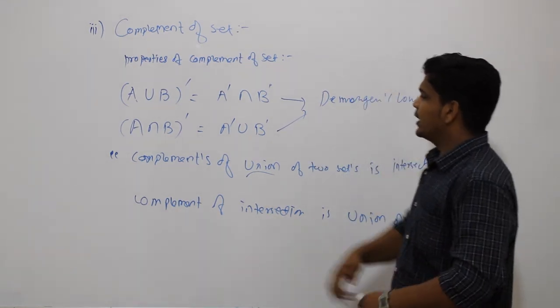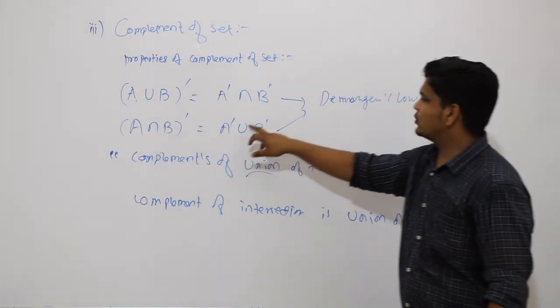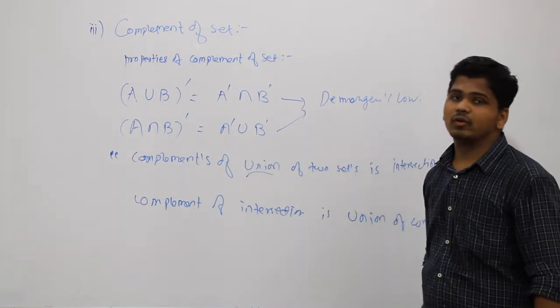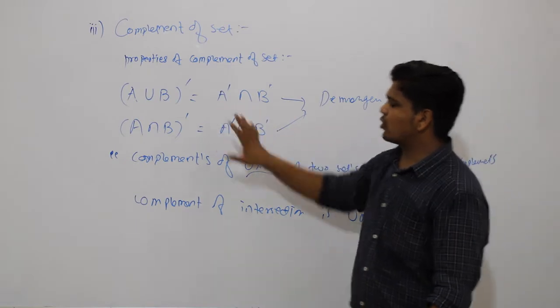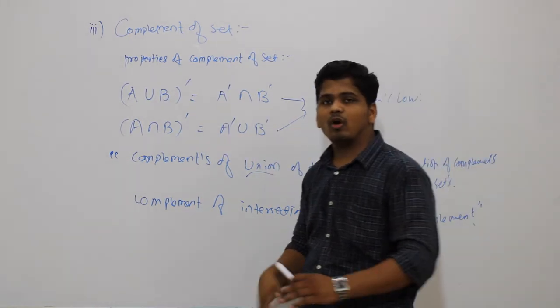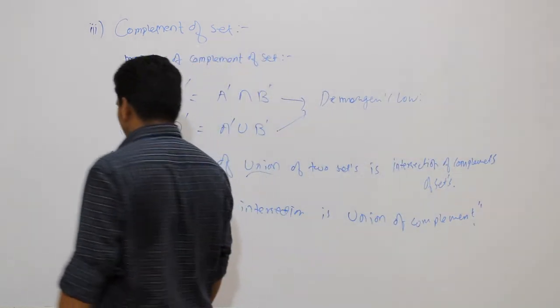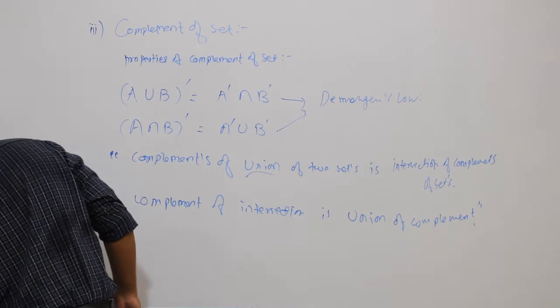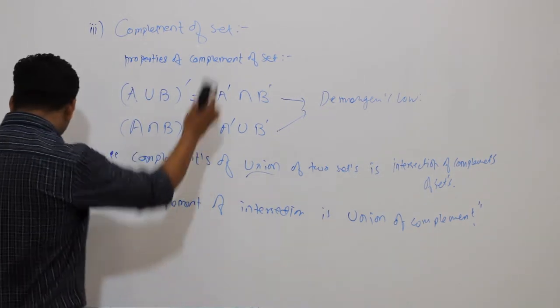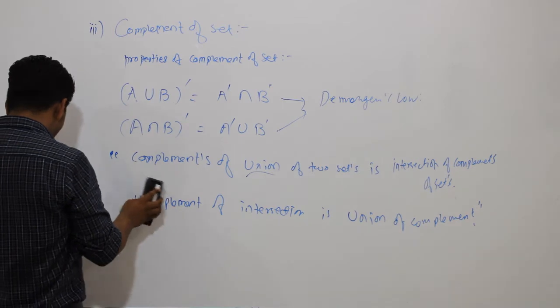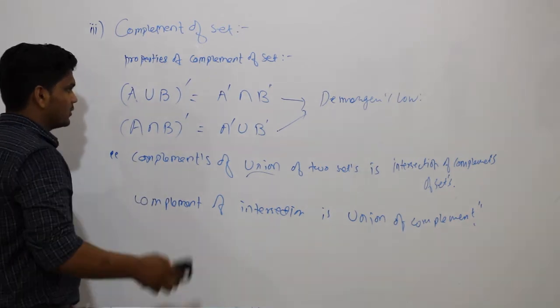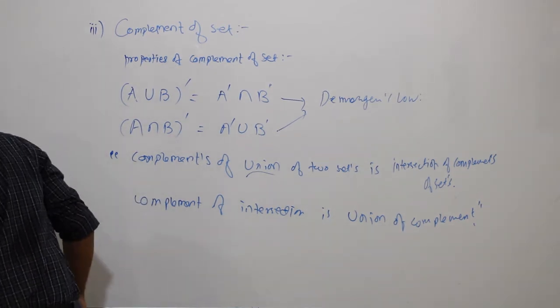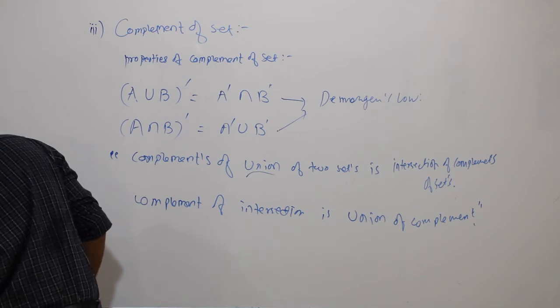Means you will take the complement of an intersection as the union of complements. This is nothing but your De Morgan's law, a very important property of complements. This was all about your universal complement set.